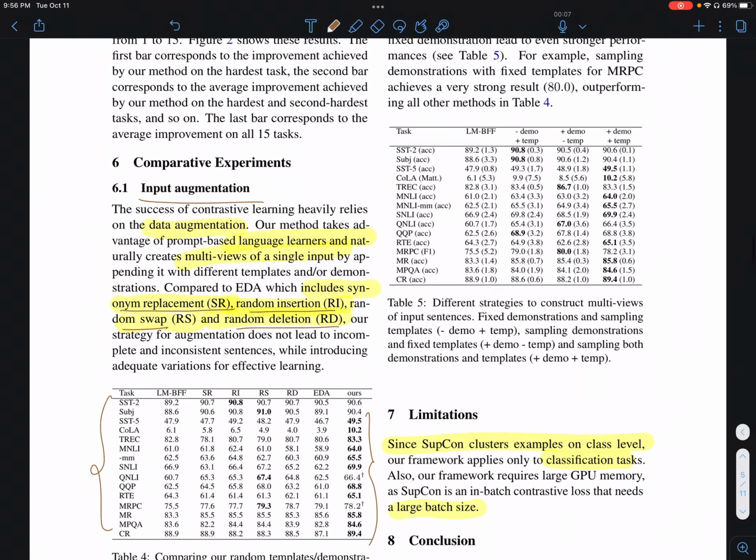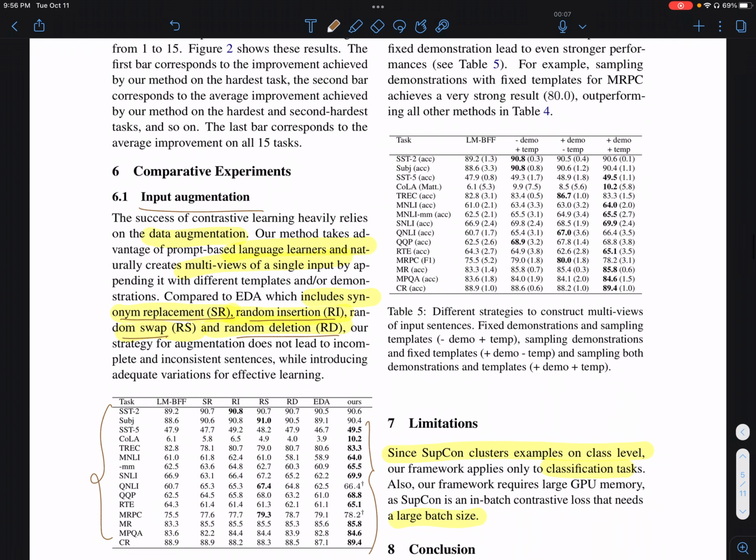And then you have a choice of fixing the demonstrations and varying the templates, or fixing the templates and varying the demonstrations, or varying both the demonstrations and the templates. They see that for some tasks fixing demonstrations helps, for some other tasks fixing the templates helps, and in some tasks varying both of them leads to better performance.